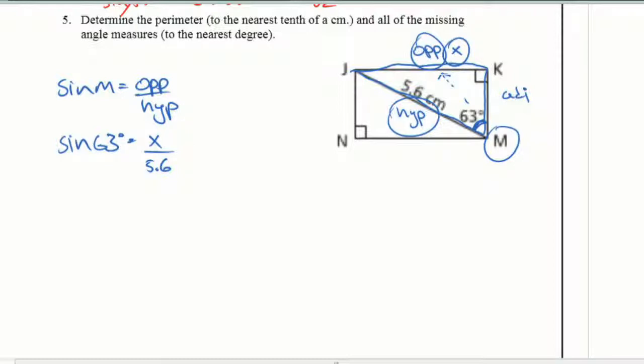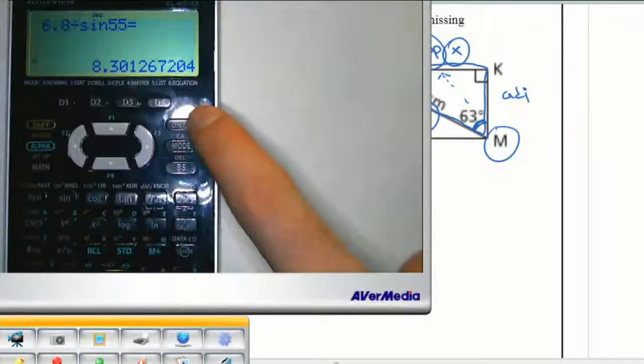Now I'm trying to get X by itself. I'm going to multiply both sides by 5.6. And I end up with 5.6 times the sine of 63 degrees is equal to X. I'm just going to plug it into my calculator. 5.6 times the sine of 63.